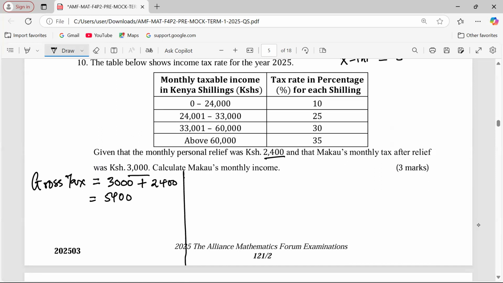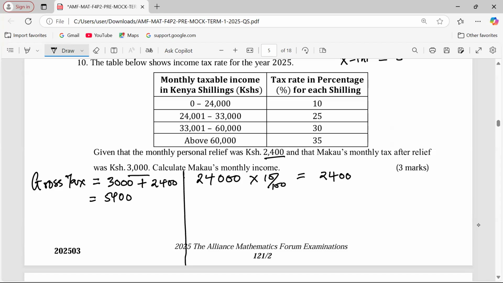From the first bracket of taxation, we have 24,000. 24,000 is being taxed at the rate of 10%. And this will give us a tax of 2400. When you look at 2400, you discover that 2400 is not yet 5400. So we continue taxing.